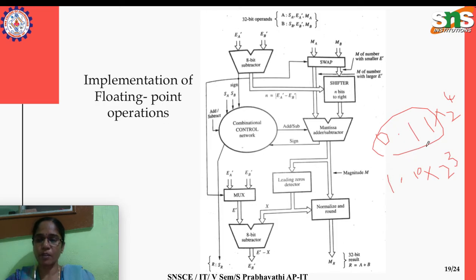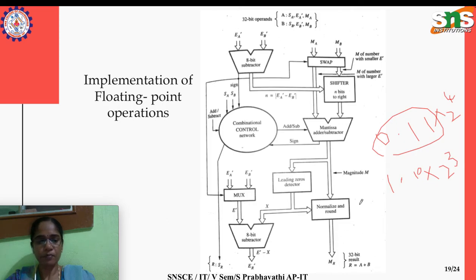When we normalize, the exponent also gets altered. The number of bits altered is given, and again the 8-bit subtractor will do the exponent adjustment, and finally we get the final result exponent as ER dash, that's nothing but E dash minus x. X is the number of bits to be adjusted, and this is the normalized result. We will be getting it in MR.